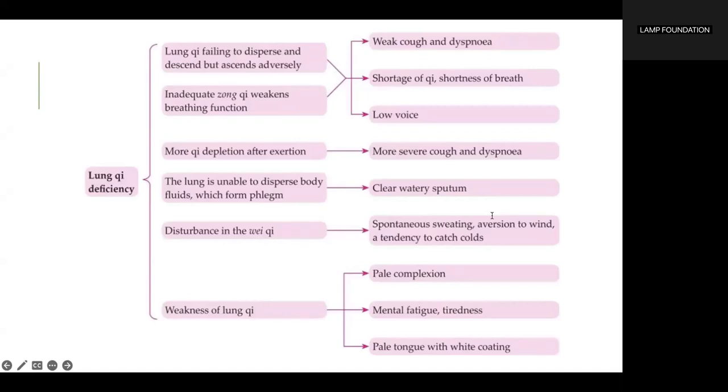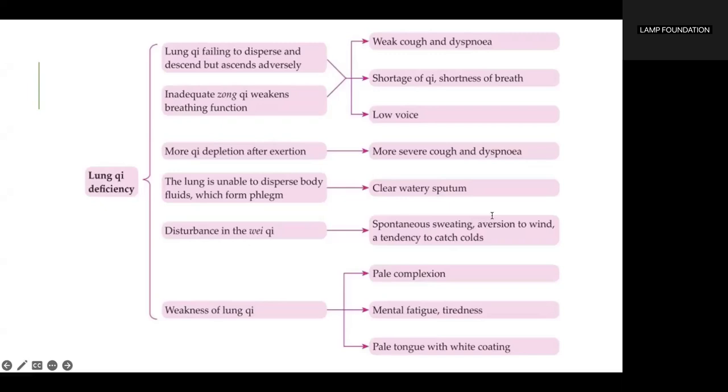This pattern is mainly caused by chronic cough damaging the lung qi, or spleen deficiency unable to transform sufficient food into essence qi for nourishing the lung. Lung qi deficiency can be caused by a respiratory illness in childhood. Poor posture, where the person sits slumped forwards, can inhibit the qi mechanism of the lung and thereby weaken lung qi over time.